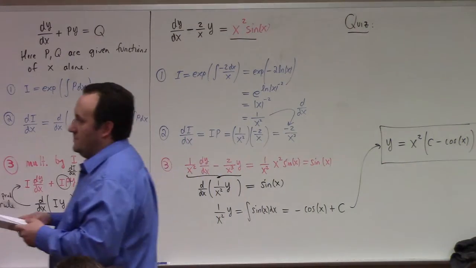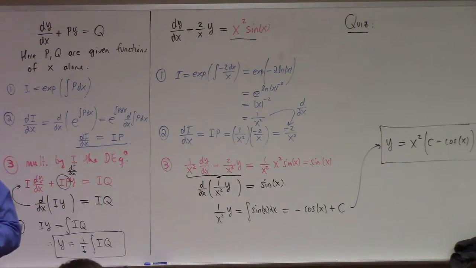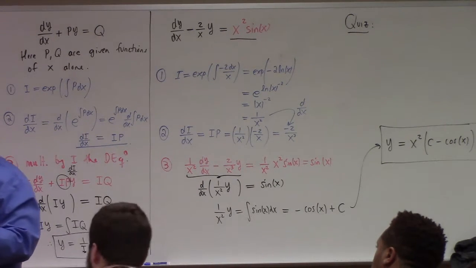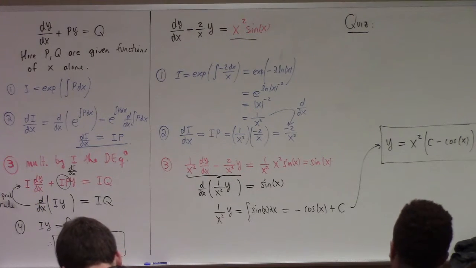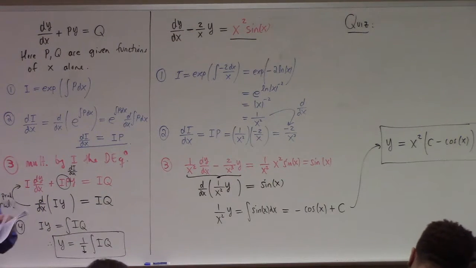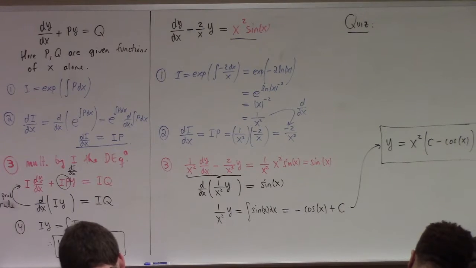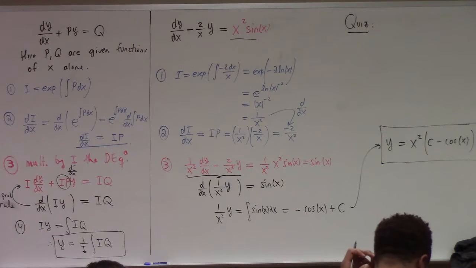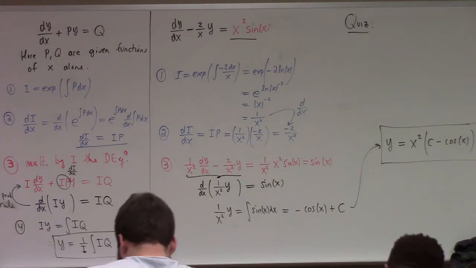All right. Everyone should have found I by now. What did you find for I? E to the negative 3x, right? E to the negative 3x. So what's the next thing we do?